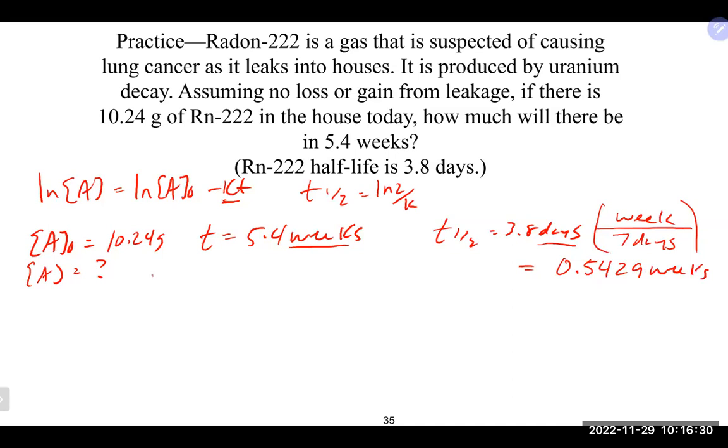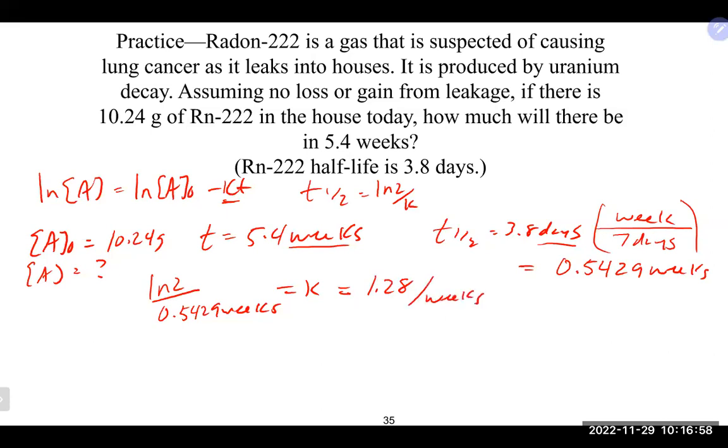So using our half-life equation here, natural log of 2 divided by 0.5429 weeks will equal our decay constant. So we take the natural log of 2 and divide it by that number. Gives us a decay constant of about 1.28 reciprocal weeks in this case.